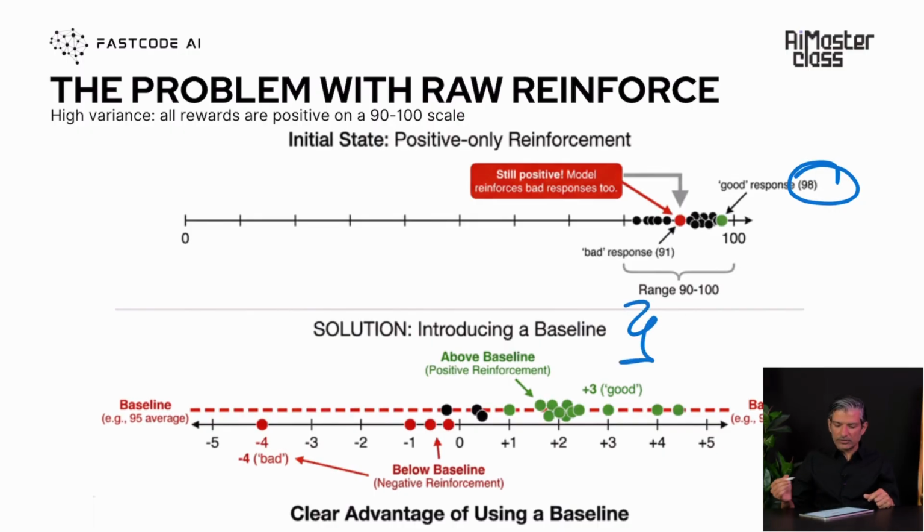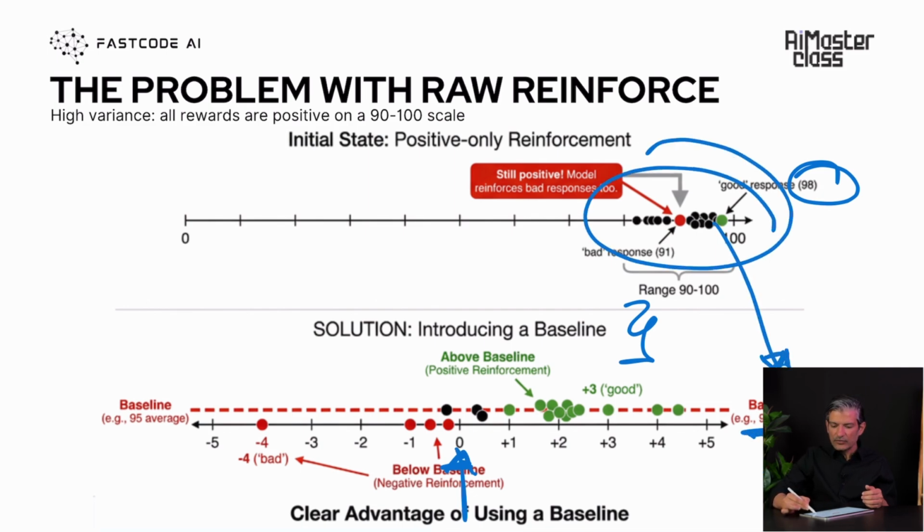We want to introduce a baseline. We simply want to bring the origin to about 95. So we have this 0 here, and the average of all these rewards was 95. We want to bring the average to 0. So essentially you sum it all up and then subtract 95 from all of it.